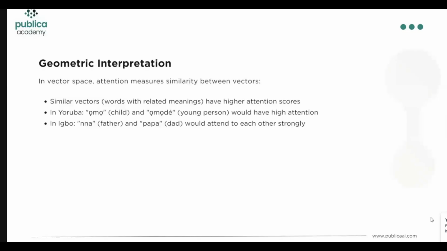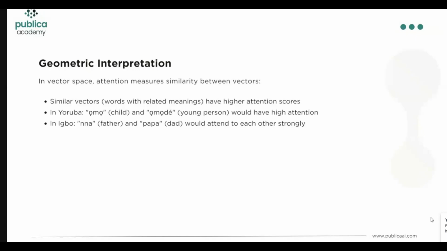I believe you have heard me mention similarity search, dot product, cross product, cosine similarity. So this first sentence should drive that point home: in vector space, attention measures similarity between vectors.